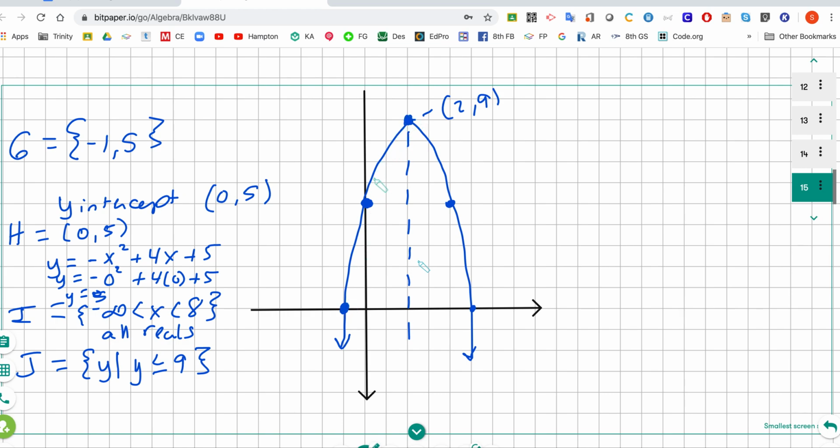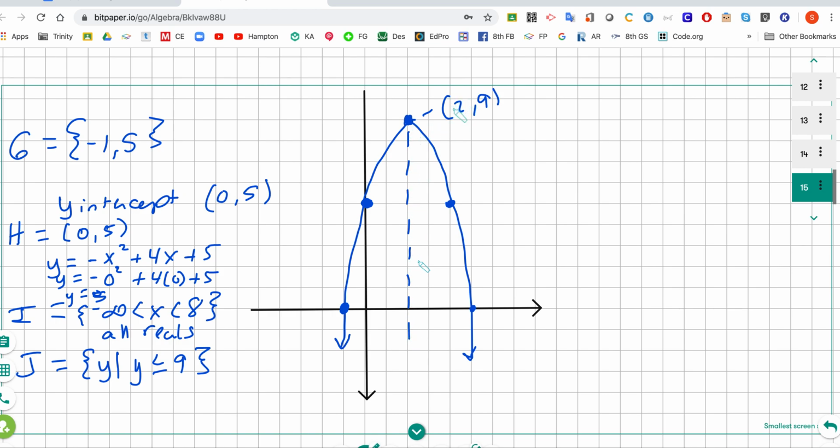And I don't have any values on this parabola where y is greater than 9, because that would be up in this area. Up here, this is the value, y is 10, y is 11. So I use this value in my range, just like I used this value for my axis of symmetry.